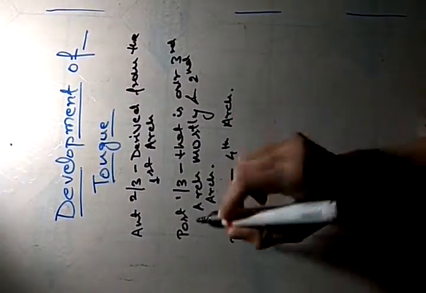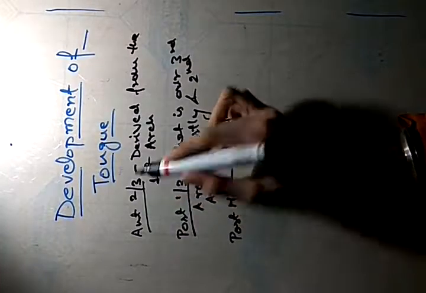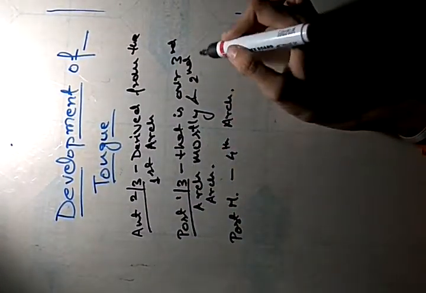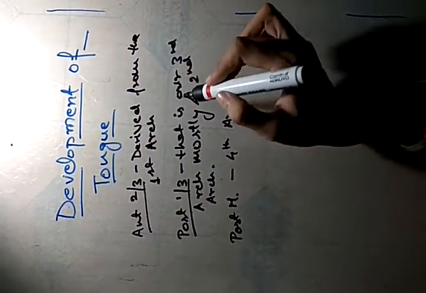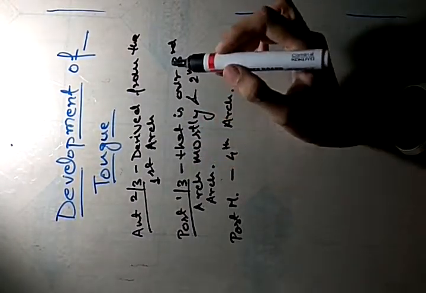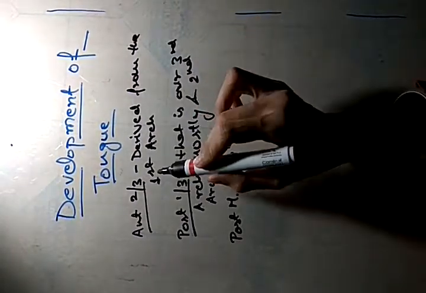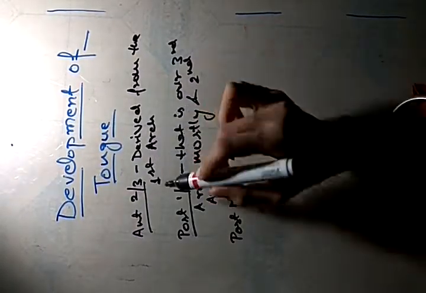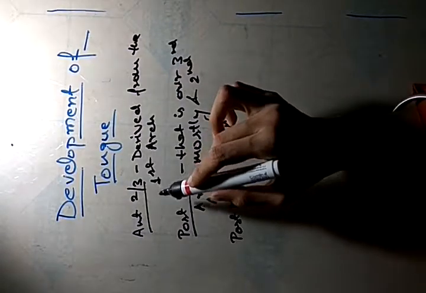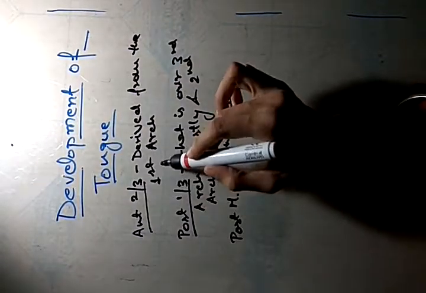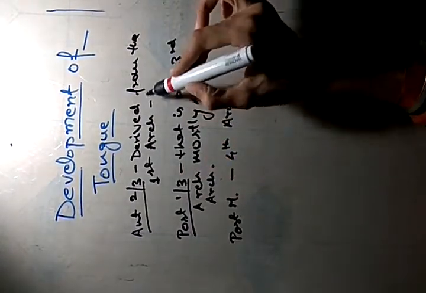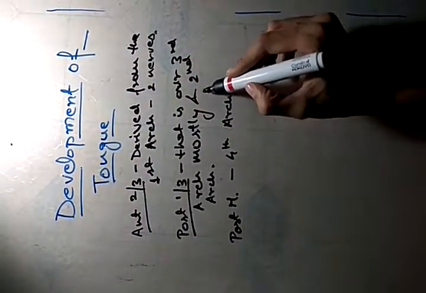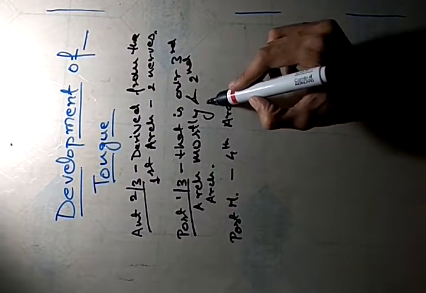Now the thing that we need to know is that although posterior part has a part of second arch, the nerve of second arch that gives the pre-trematic or the post-trematic one is interfering with the anterior 2/3, as the first arch has two nerves. Here we have only one nerve.